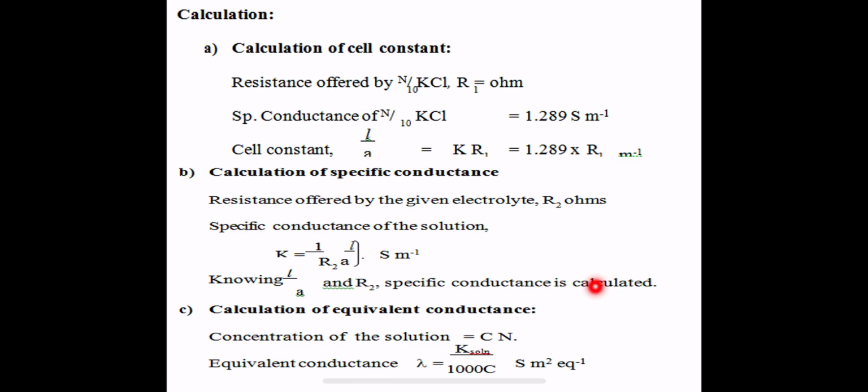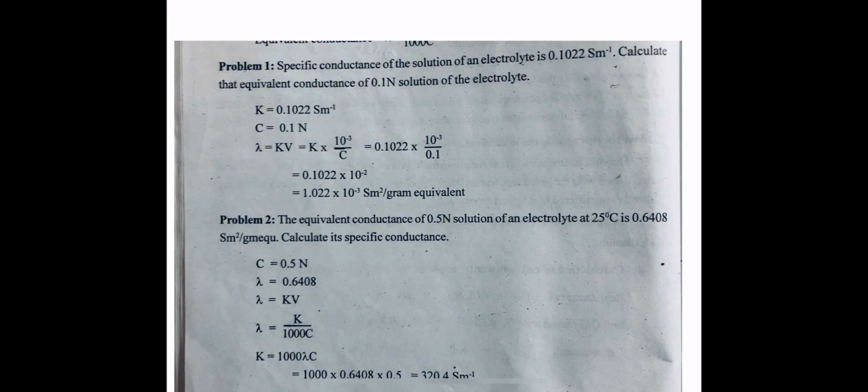Once we have the concentration, and calculate the specific conductance in the same way, by substituting the values of the concentration and the specific conductance, we can calculate the equivalent conductance. This is how we do the calculation.